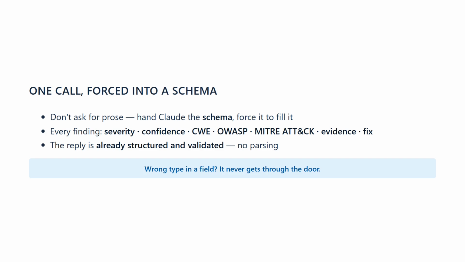And we force it to answer by filling in that schema. What comes back is not text we have to clean up. It is already structured, already validated. If a field is the wrong type, it never even gets through the door.